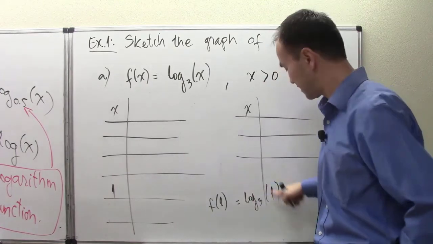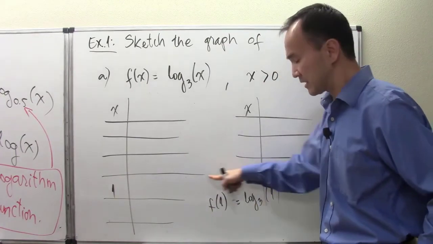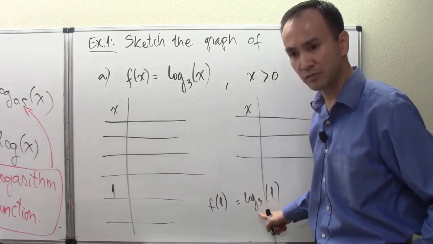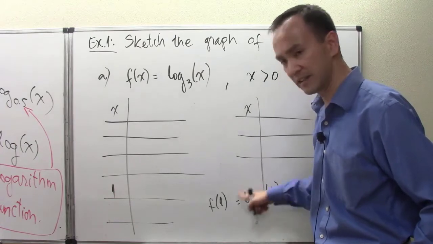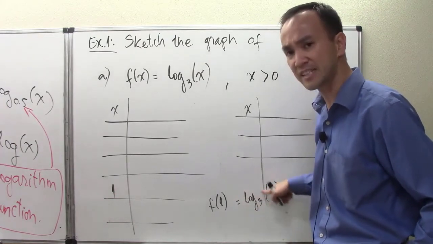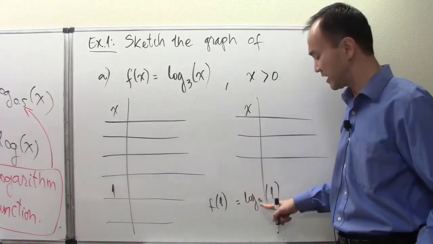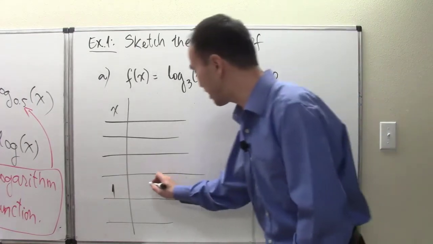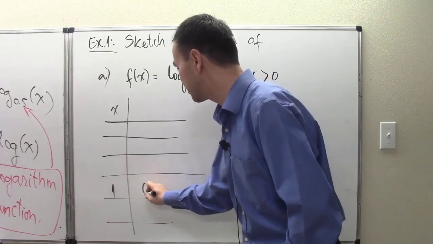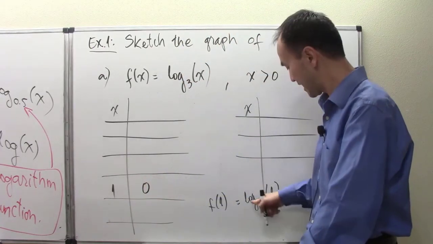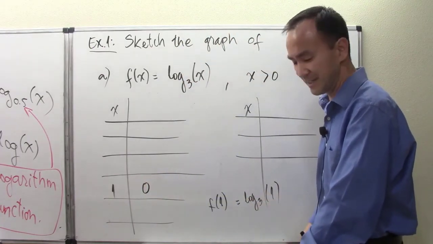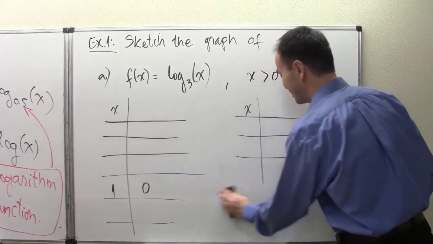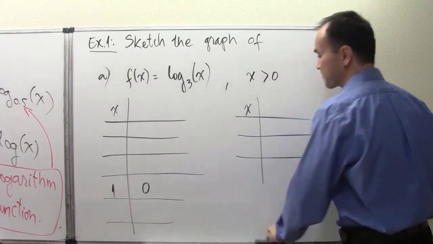Once you have viewed the lecture on the introduction to logarithms, you will know how to use the calculator even if it has no direct button for log base 3. The answer will come out to be 0. That's what log base 3 of 1 is.